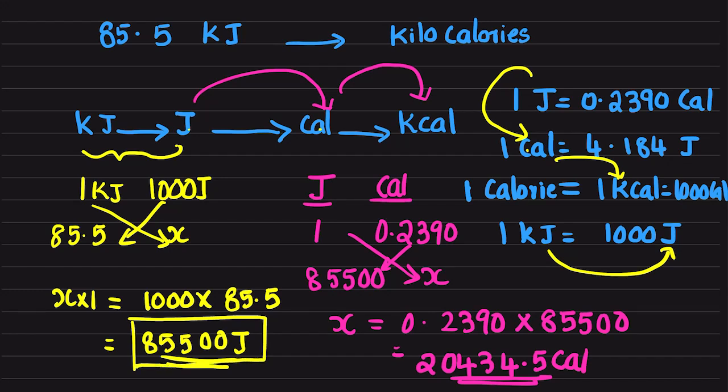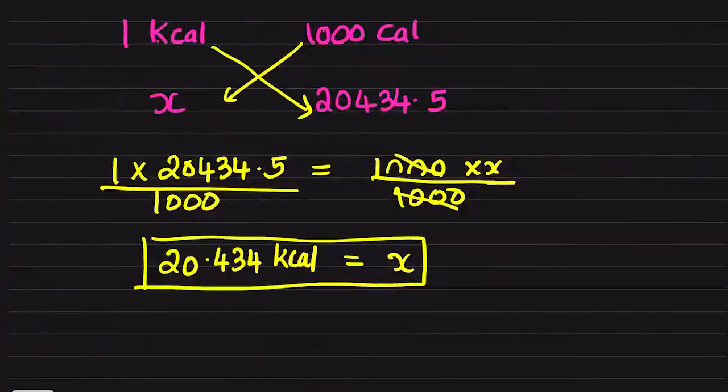Then correlate with cal: 1 joule equals 0.2390 cal, so 85500, take it as x, cross multiplying, you get the answer in cal. Then convert into kilocalories: 1 kilocalorie equals 1000 cal, so 20434.5, take it as x, cross multiplying, you will get the answer.